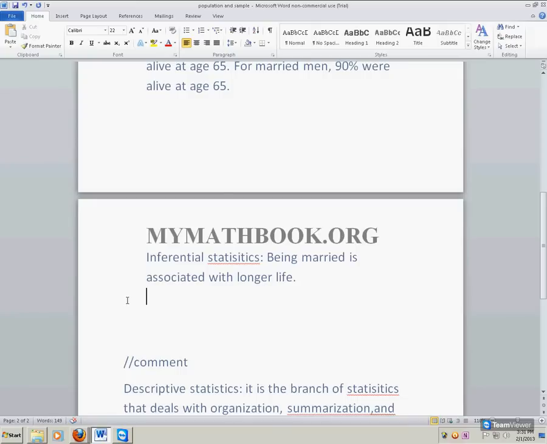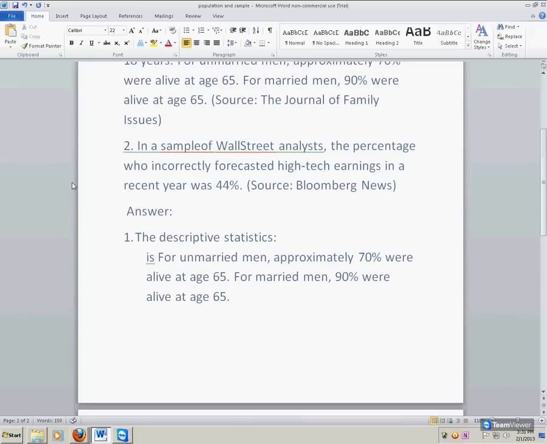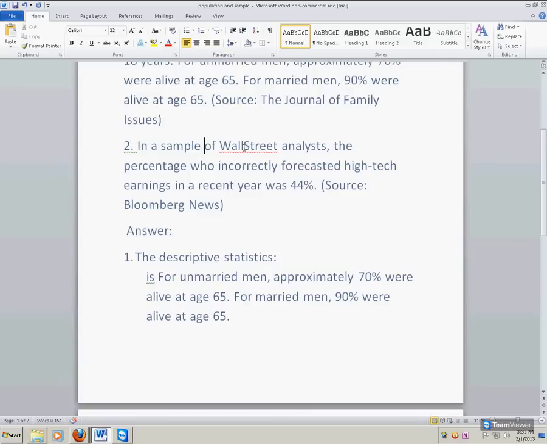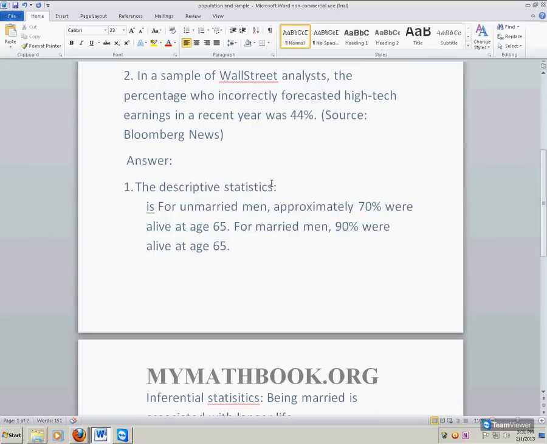Number two here is: in a sample of Wall Street analysts, the percentage who incorrectly forecasted high-tech earnings in a recent year was 44%. So let's find the descriptive statistics from here.